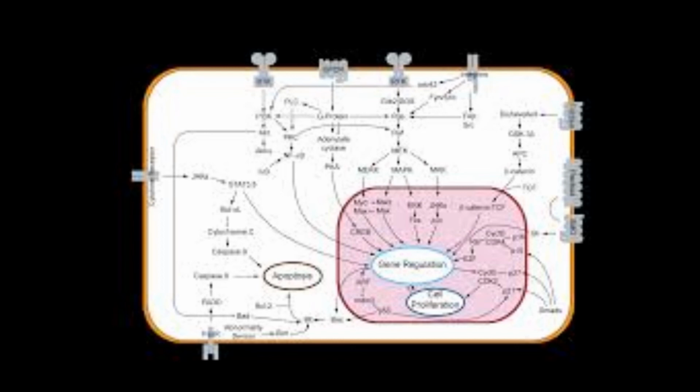So the idea is that rather than it looking something like this, it looks something like this, where you have one signal coming in, but you have multiple downstream components getting activated, okay? And this makes it, and why do we need this?